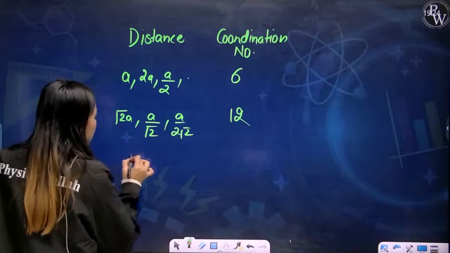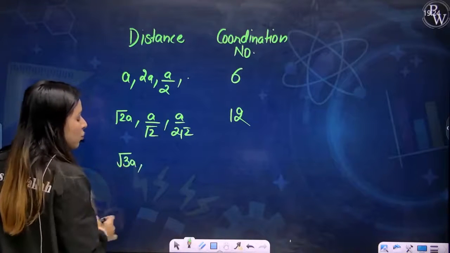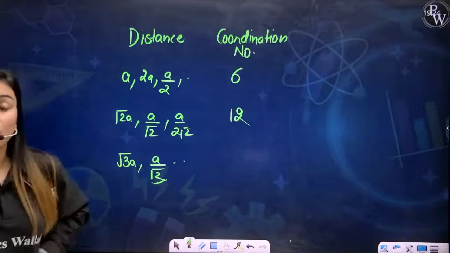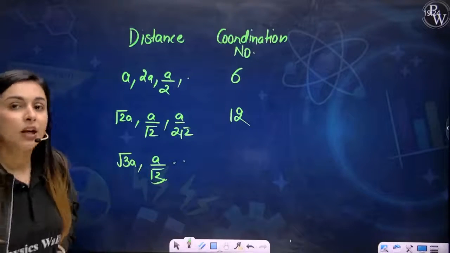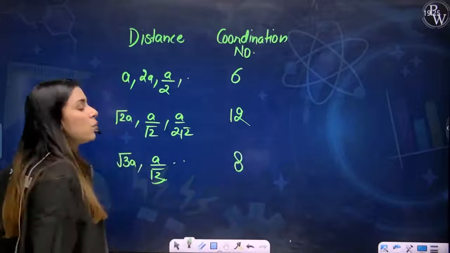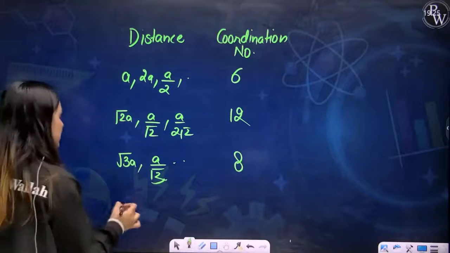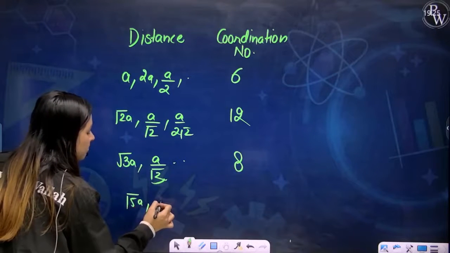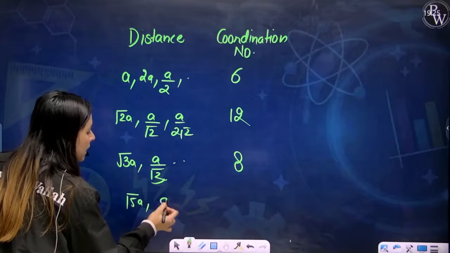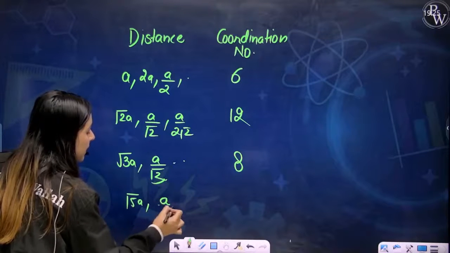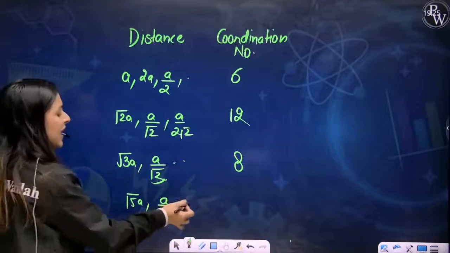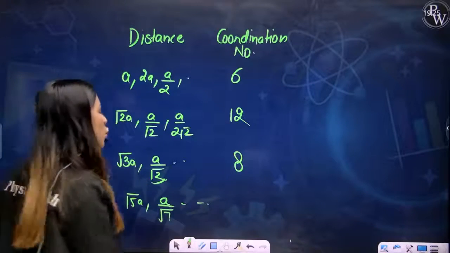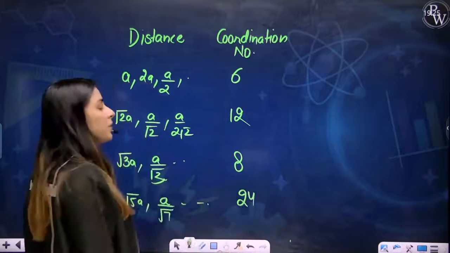Let's see. If your distance comes out to be root 3a or a by root 3 or any multiple of root 3, your coordination number will always be equal to 8. Other than these, let's say root 5a or let's say a by root 7 or something, any distance other than these multiples, your coordination number will always come out to be 24.